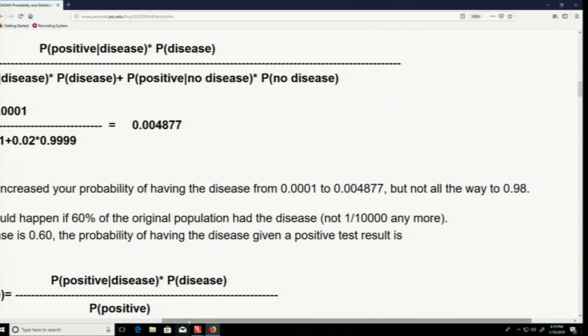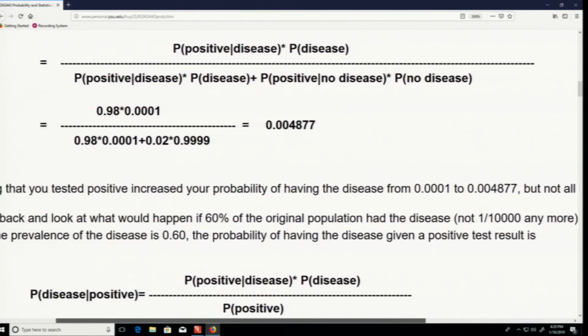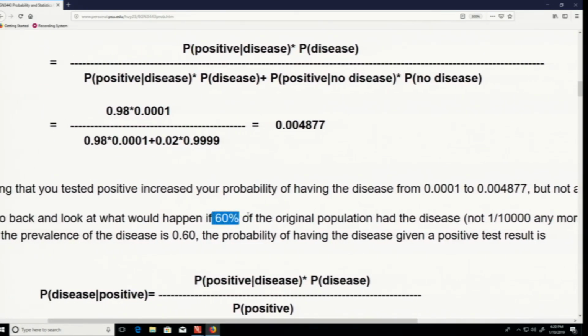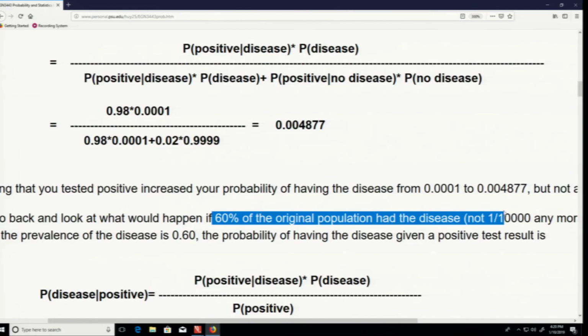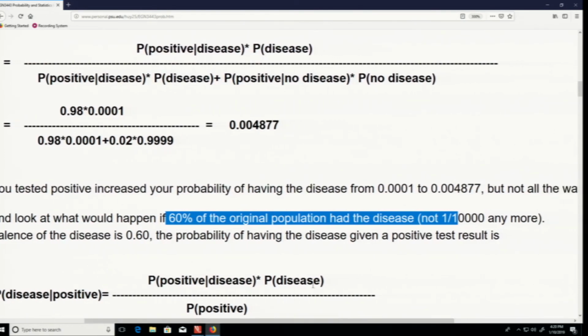But this could change, because previously we were saying it's a rare disease. Now, if 60% of the original population have the disease, not one out of 10,000 anymore, that means it's like a pandemic in the population.